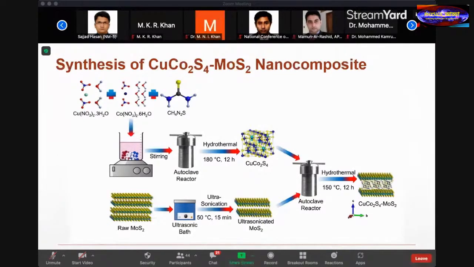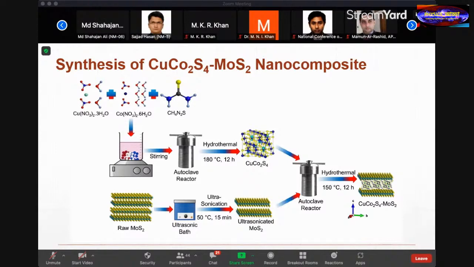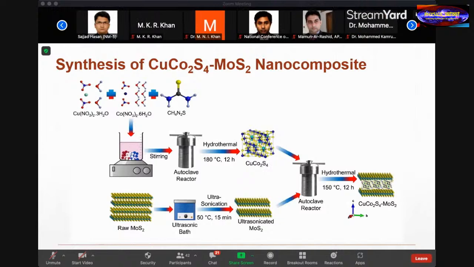So that is another novelty of this work, right? Here you are showing that there is a single sheet or two sheets, two layers. Yes, we are showing that because with ultrasonication you can even make it monolayer. Definitely. It is not possible to make the monolayer. But a 15-minute ultrasonication can produce different layers actually.